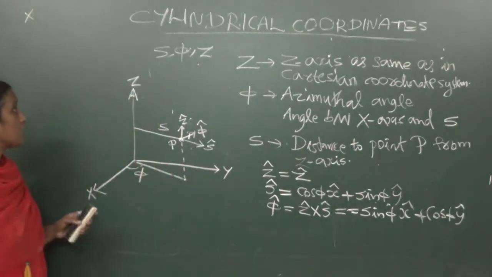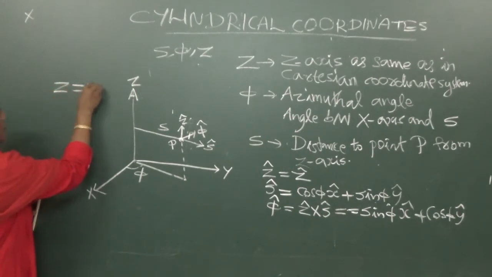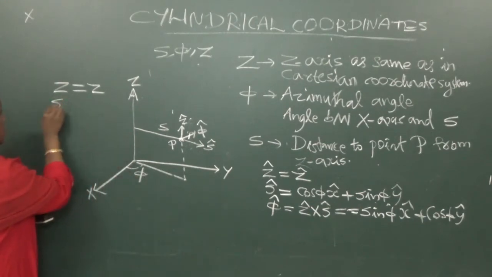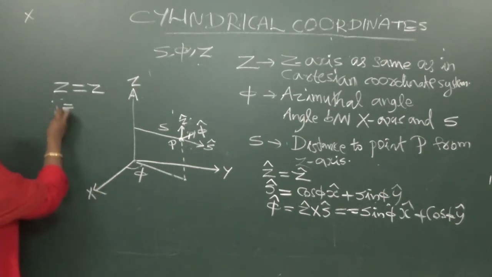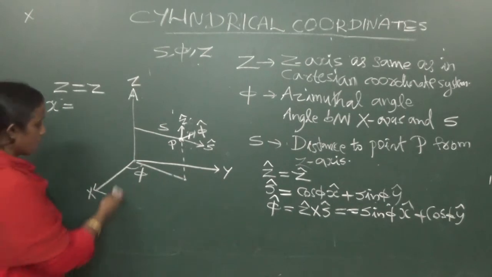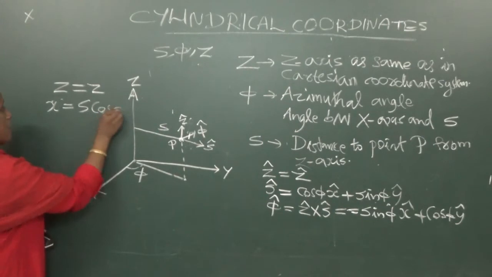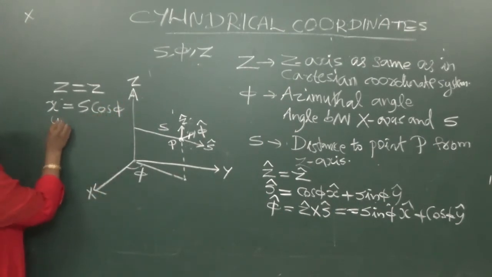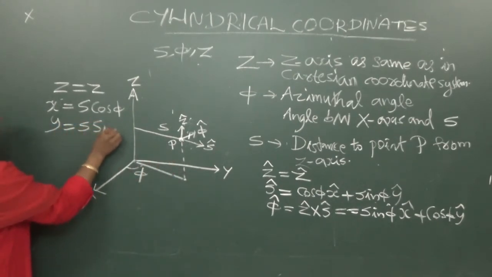I already told you Z is the same as our previous Z. X is equal to S cos phi, and Y is equal to S sin phi.